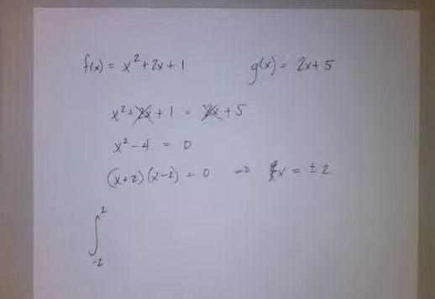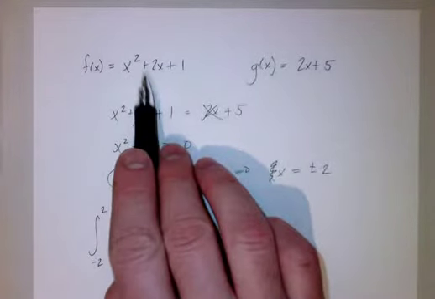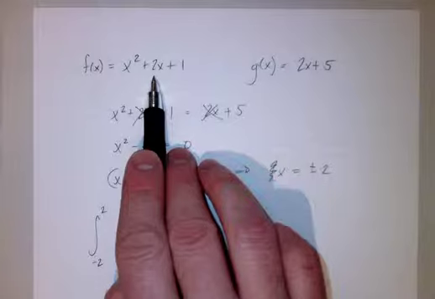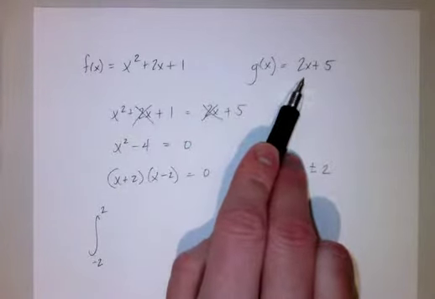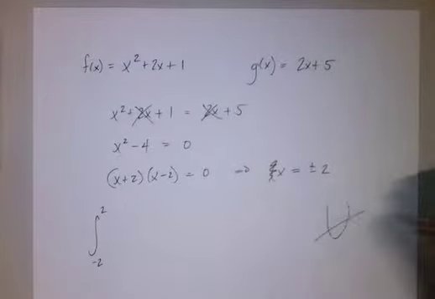Now I just need to figure out which one is more positive on that interval. Well, first of all, we can reason it out, okay? This is an upward-facing parabola. If an upward-facing parabola intersects a linear at 2 points, there's only one possible shape that it can have. It's going to look like that.